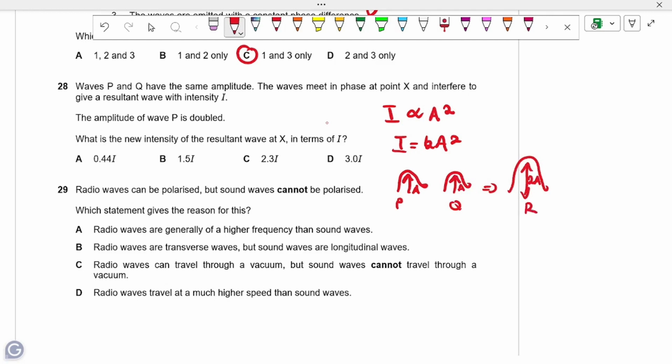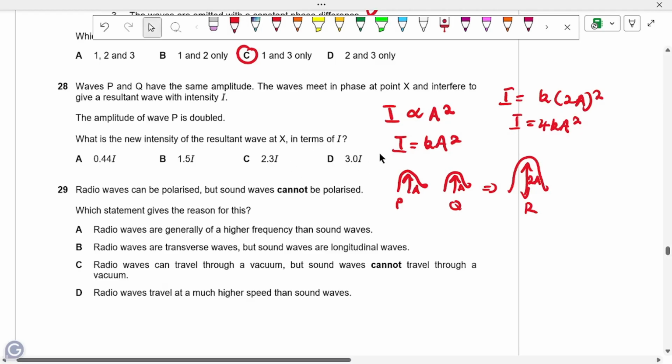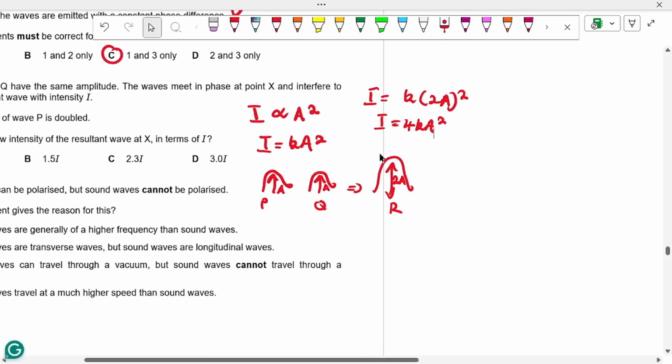Let's call that R. And we're being told that that intensity is I. So I will basically be equal to K, my amplitude, remember, is 2A, squared. So my I is basically 4KA squared. Right? So you're basically saying if I combine these two things, they're going to have double the amplitude. So I should expect the amplitude to be 2A. Substitute that into that equation, and I have the relationship for intensity and amplitude.